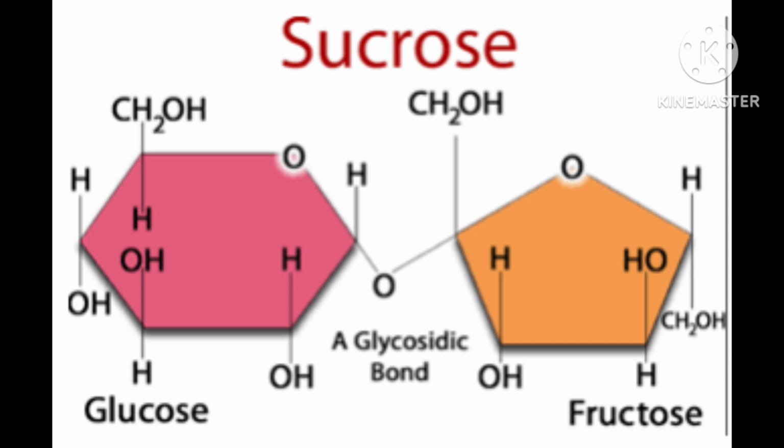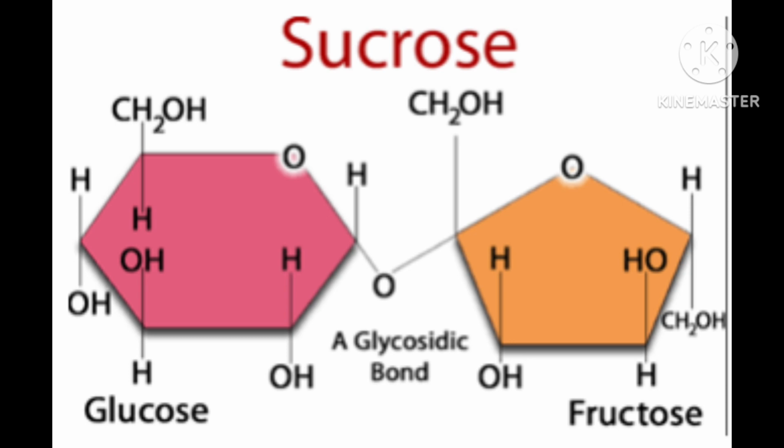You know that glucose and fructose differ only in the H and OH positions. If the OH group is on the right side, it is alpha glucose. In the same way, in fructose, the alpha is the right side and beta is the left side.